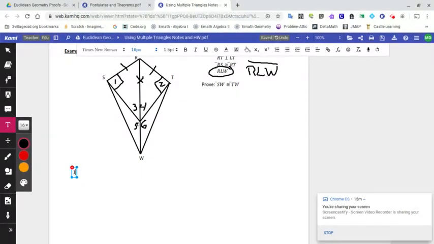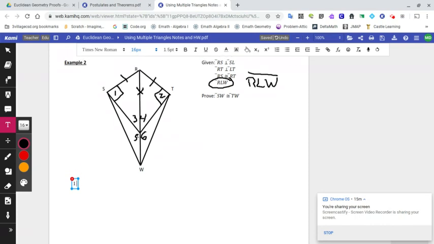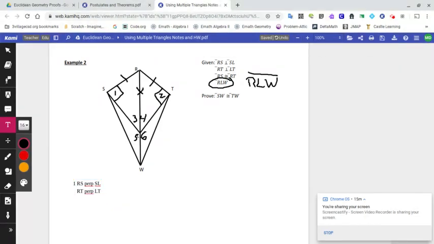So 1: RS is congruent to SL. RS is perpendicular to SL. And we're going to say RT is perpendicular to LT. Good.